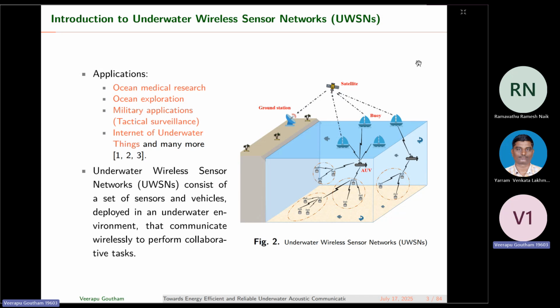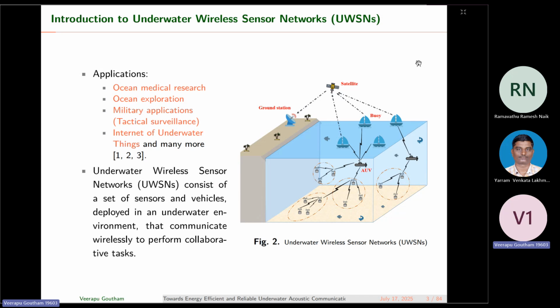We need these applications. How to get these applications? We can get this by constructing sensor networks. Basically, underwater wireless sensor networks consist of several sensors and autonomous underwater vehicles that are deployed in the underwater environment.